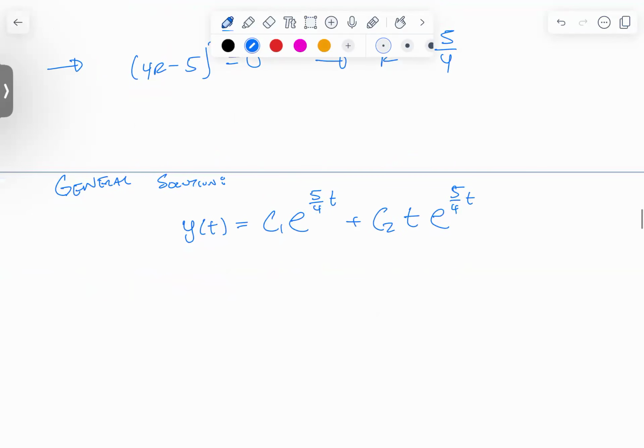And then from there, we can take the derivative and solve the IVP.